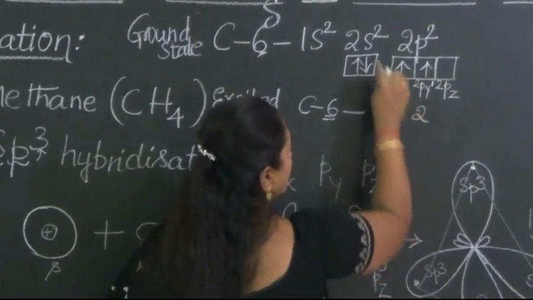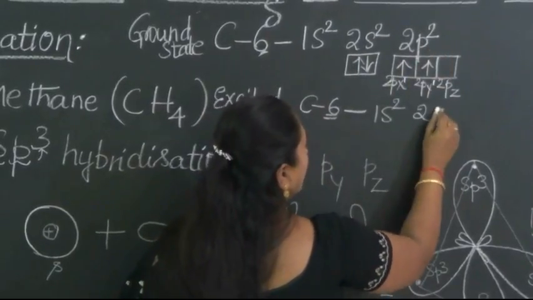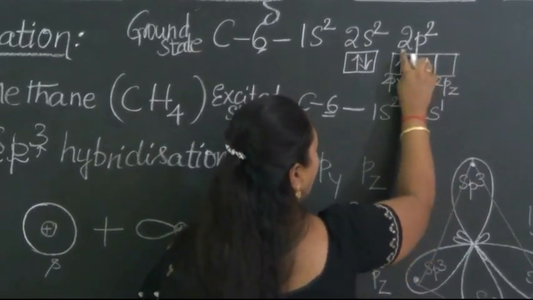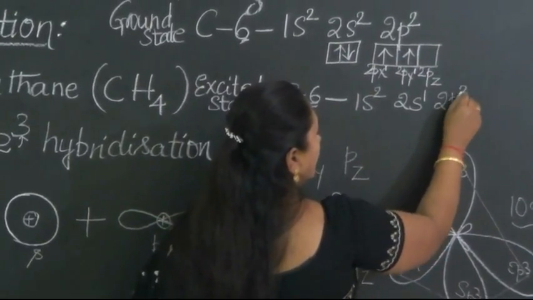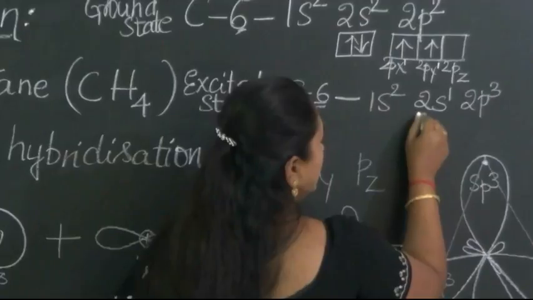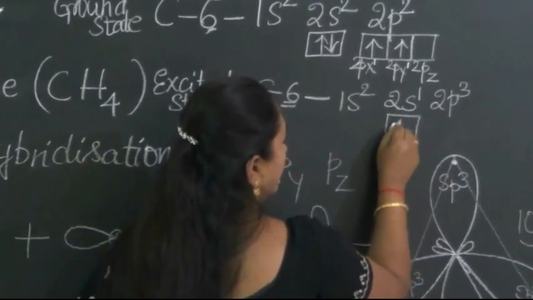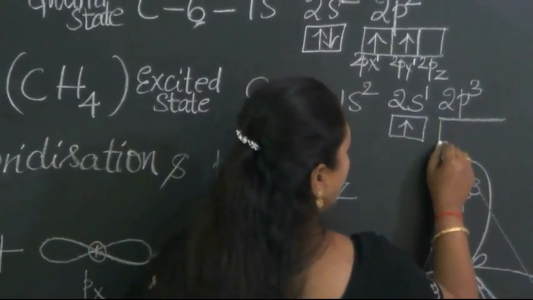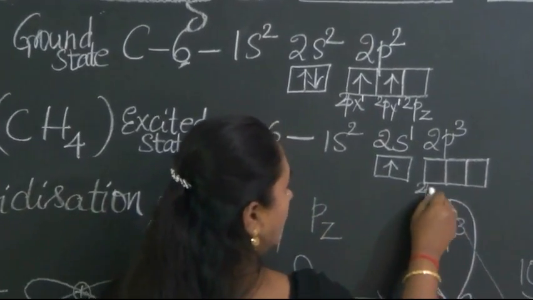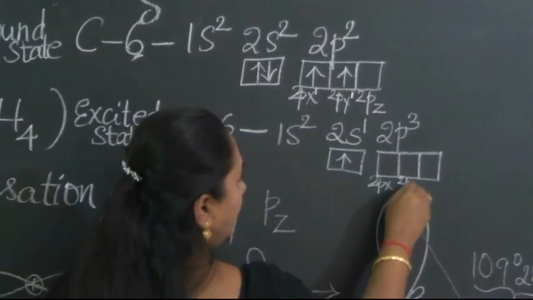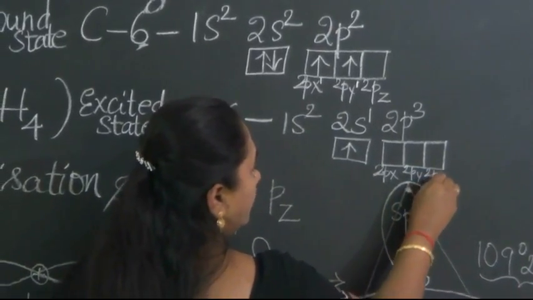So let us see how the configuration will be. 1s2. Now because this electron jumps here we have 2s1, and how many will be there? One more comes over here. So 2p3. Let us write the orbital picture. So with 2s electrons are filled. So what do we have? 2px, 2py and 2pz.